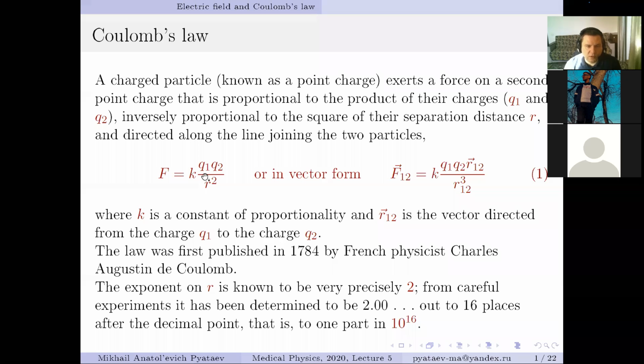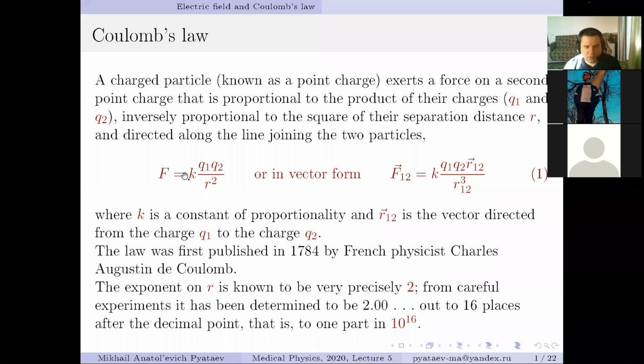So we can write this law in terms of equation 1. In scalar form, it looks like F equal to K Q1 Q2 divided by R squared, where R is distance between point particles, point charges, Q1 and Q2 are charges, and K is coefficient of proportionality.